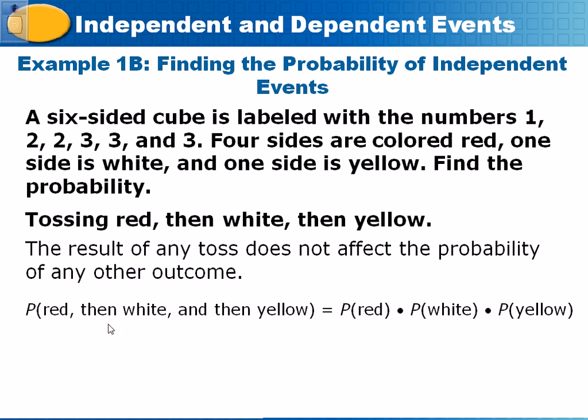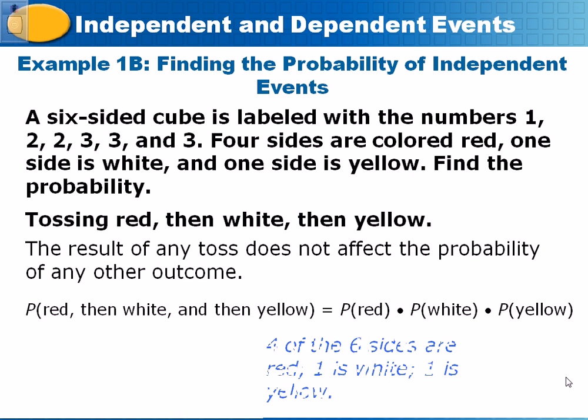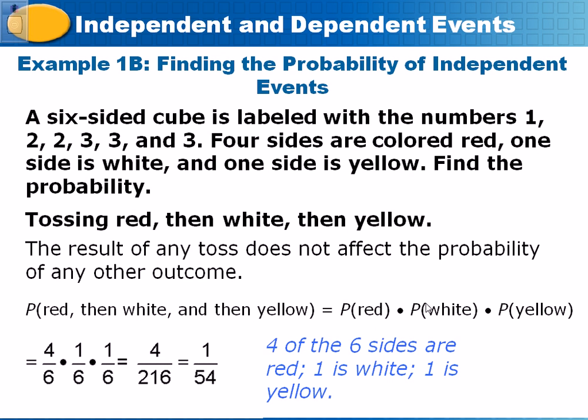So the probability of a red, then a white, then a yellow, is the probability of the red times the white times the yellow. What is the probability of a red? 4/6. And the probability of a white is 1/6. And the probability of a yellow is 1/6. So 4/6 times 1/6 times 1/6 is 1/54. You are correct.